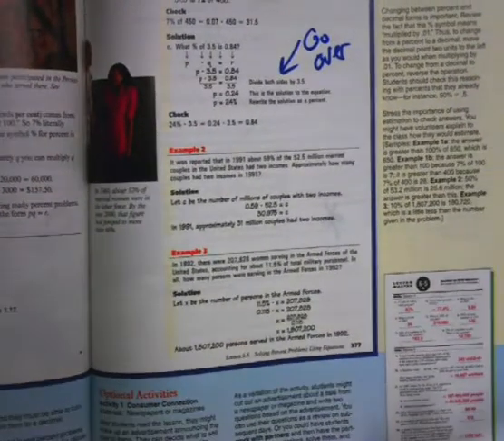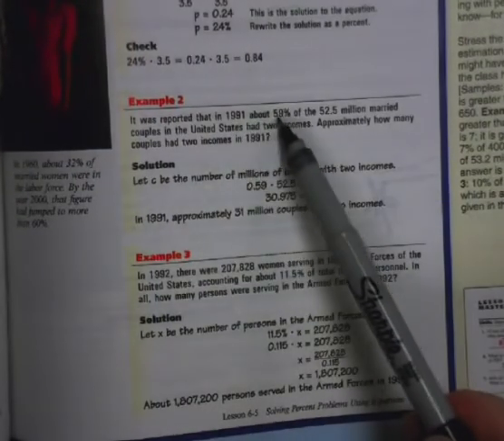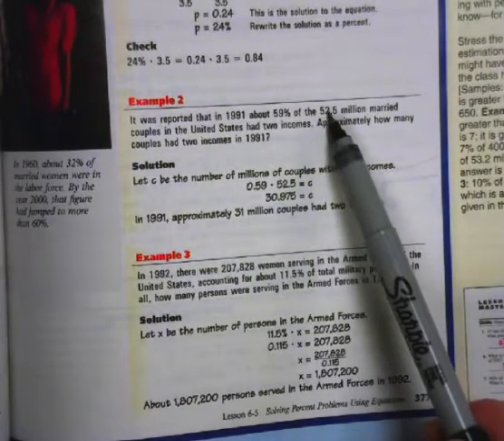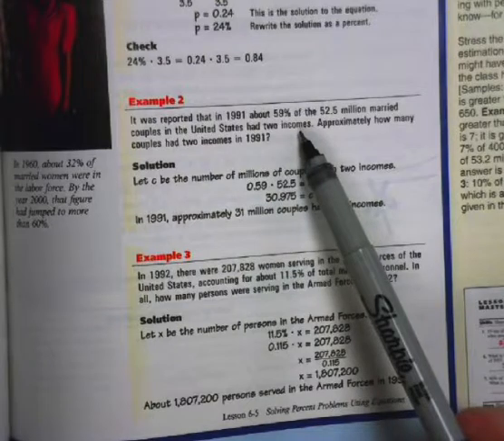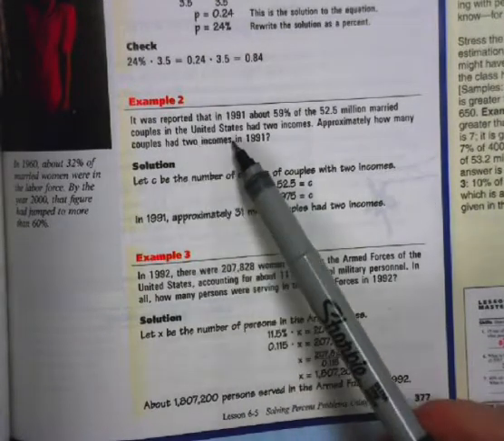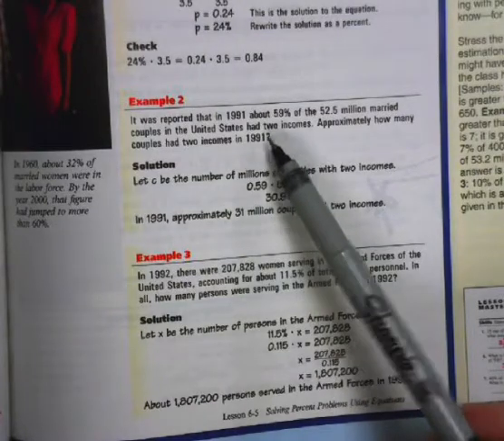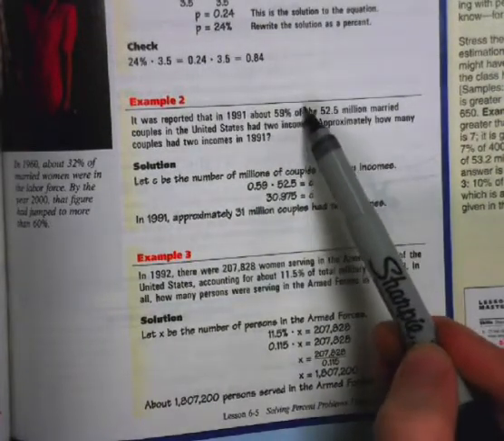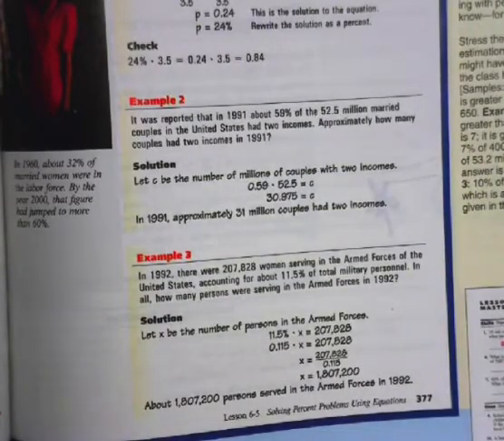Okay, so let's look at example 2 in your book. It was reported in 1991 about 59% of the 52.5 million married couples in the United States had two incomes. Approximately how many couples had two incomes in 1991? So I do see the word of. So hopefully that's going to help us set that up.